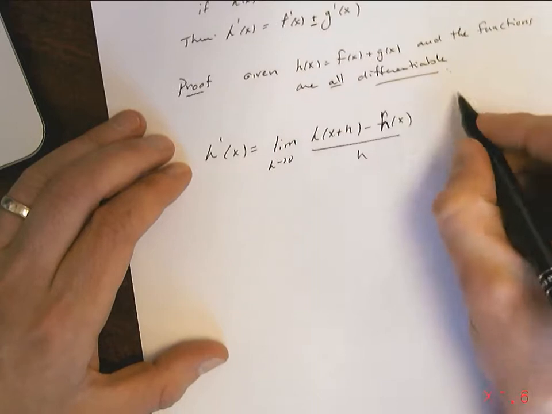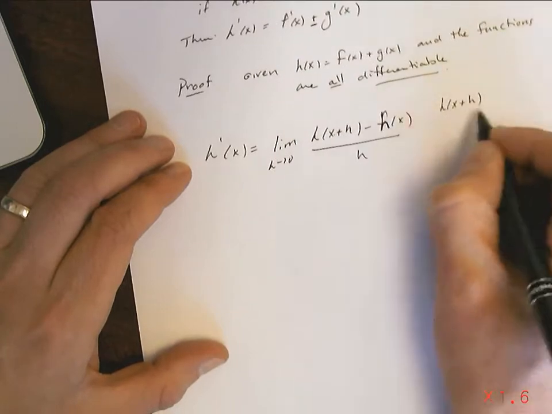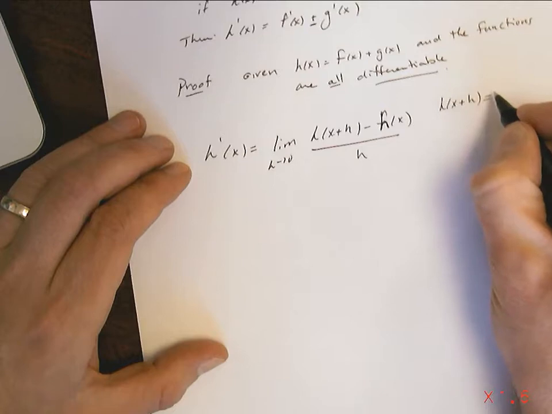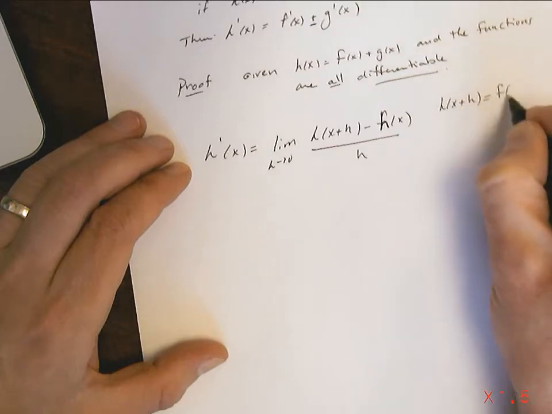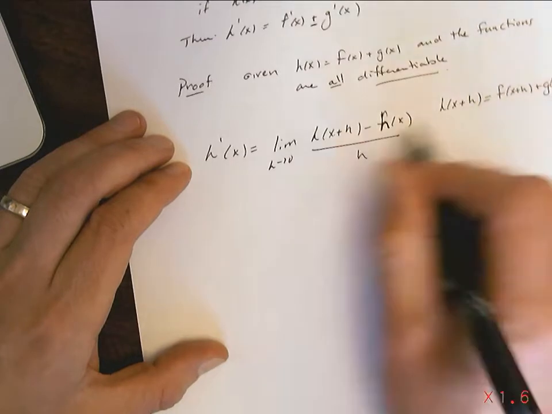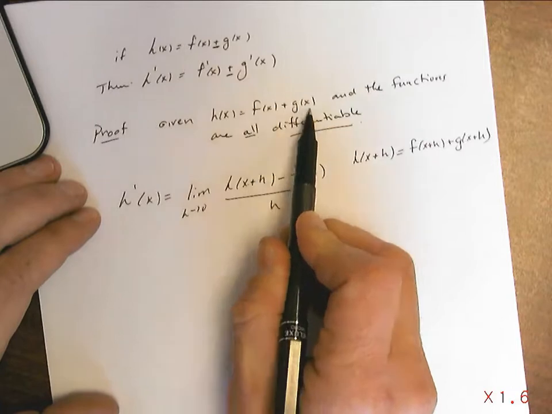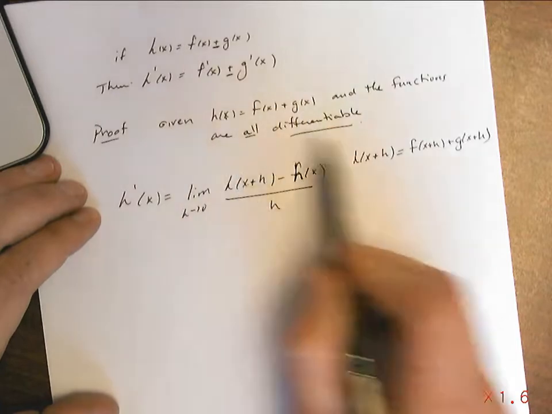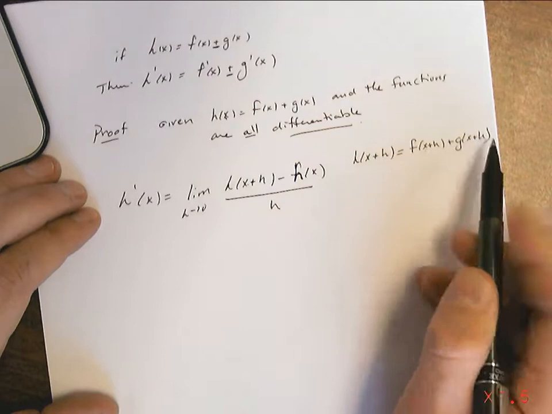Okay, in this place, we've got h of x plus h. Probably shouldn't use two h's, but I'm going to. And so that is going to be equal to f of x plus h plus g of x plus h, because remember, we said h of x was equal to f of x plus g of x. So if I change the x to x plus h, then it's f of x plus h plus g of x plus h.